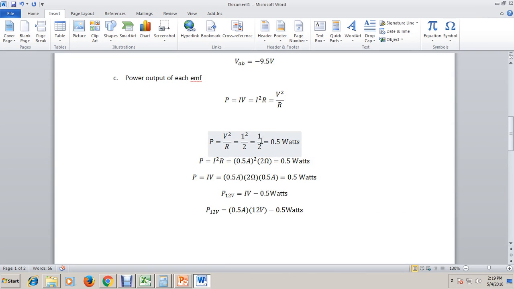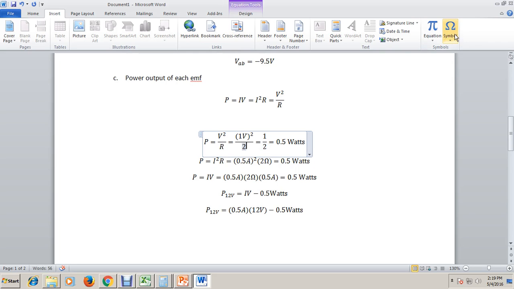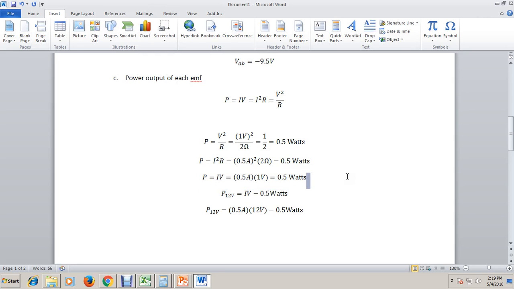As for the first solution, the voltage is equal to 1 volt over 2 ohms. So that becomes 1 over 2, or 0.5. Also, this is equal to 1 volt. So that gives you 0.5 watts.